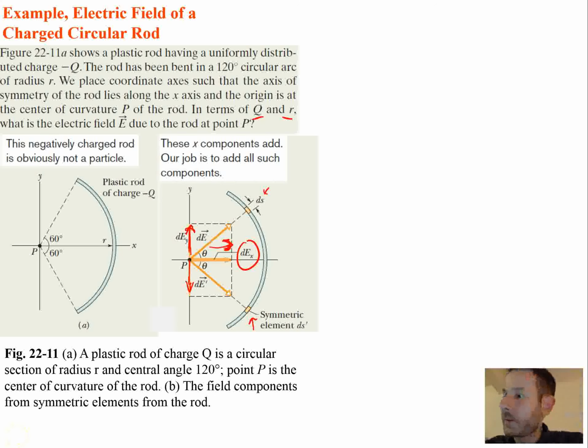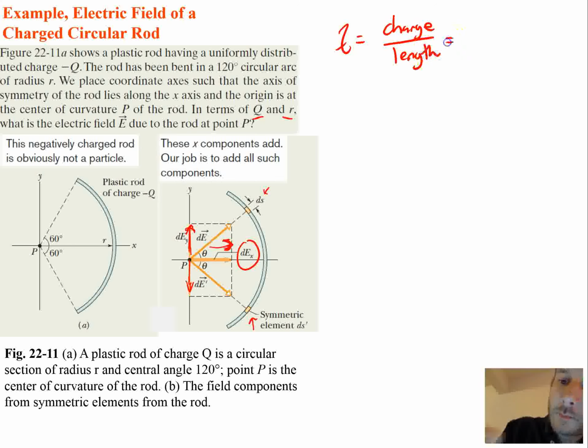So let's go ahead and first figure out what our linear charge density is going to be. So again, linear charge density is lambda, and that's going to be just the charge over some unit length. Okay. So our charge is q. It's actually negative q.